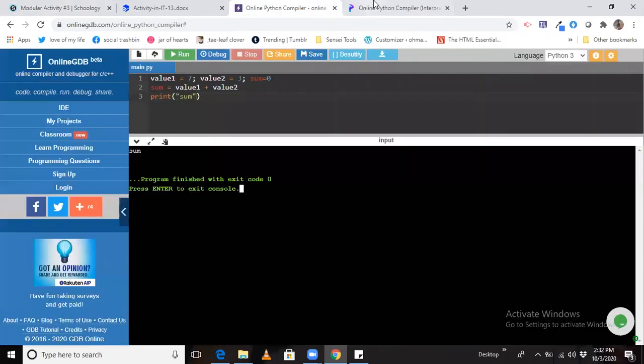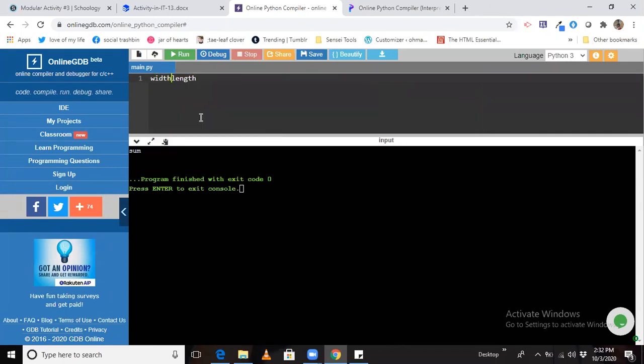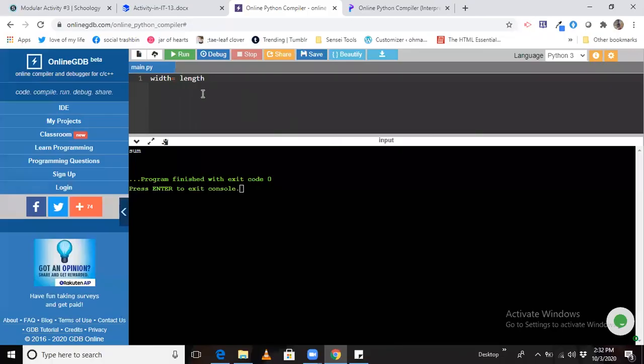So, if we'll be converting that, we have length. Anong value ng length? Width is equals to 7, length is 3. And then we have area get 0.